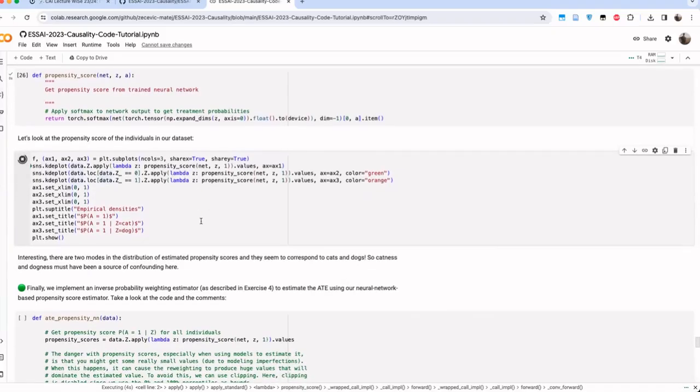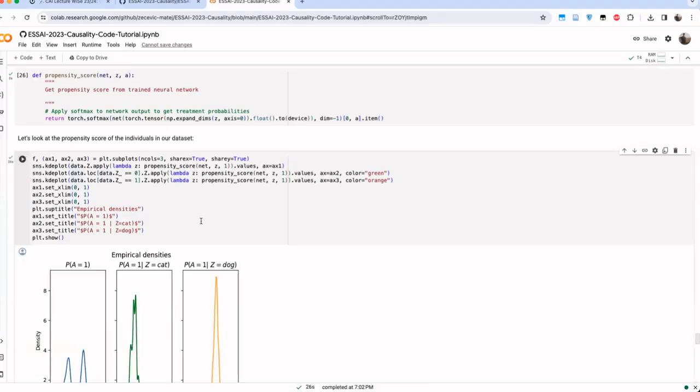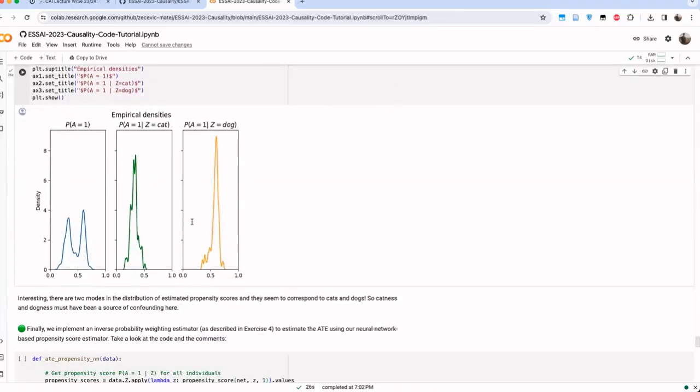This is going to take us a second, just like the training, but it's going to be quick as well. Cool. Now we have our plots and let's look at this.